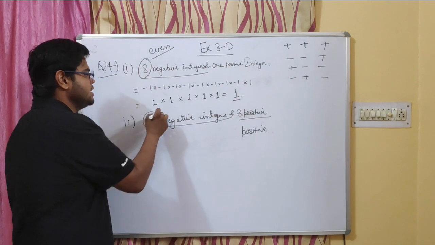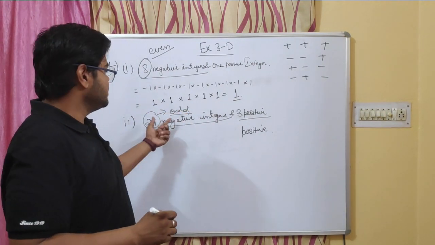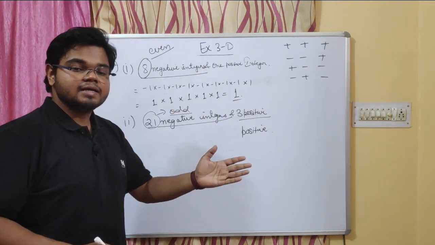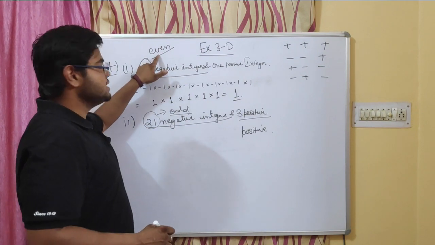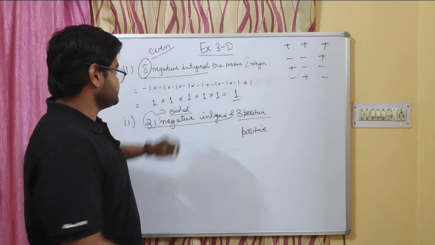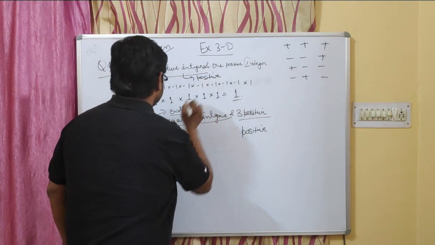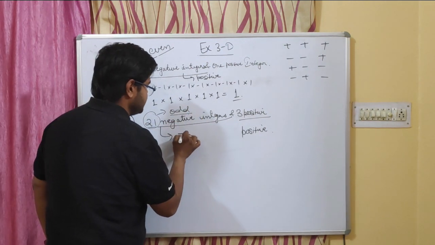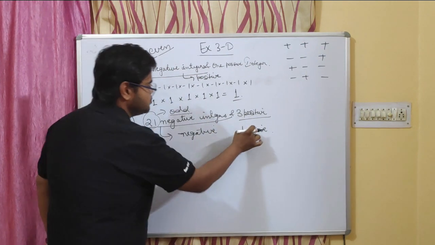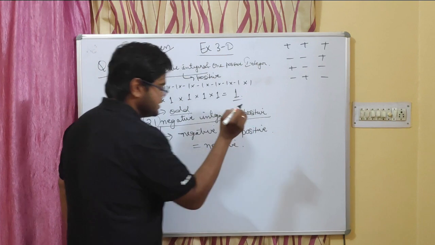So 21 is an odd number. If the number of negative integers is odd, then the end result will be negative. If the number of negative integers is even, the end result will be positive. But if it is odd, then it will be negative. So negative into positive will give us negative. So the end result would be negative.